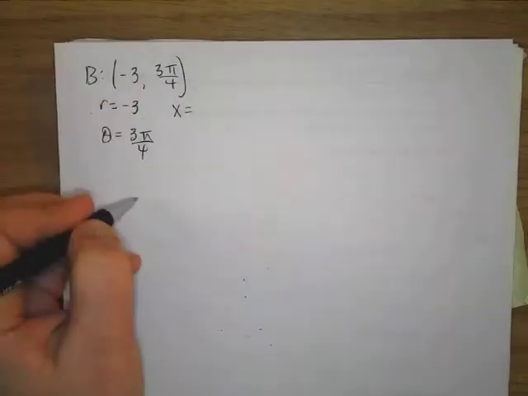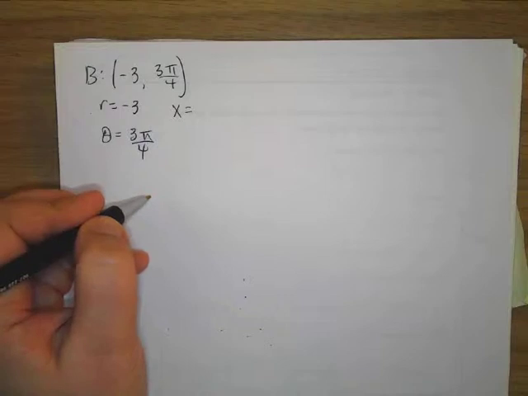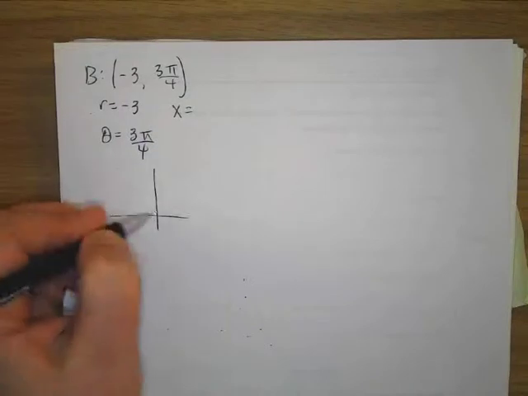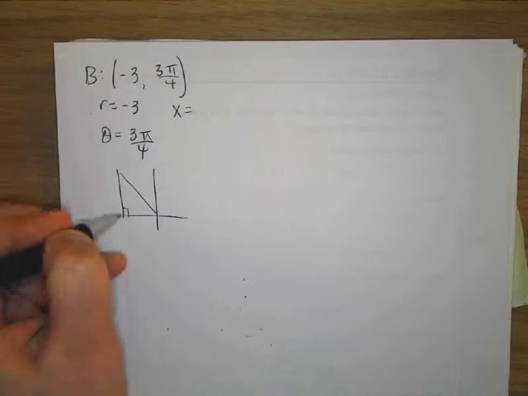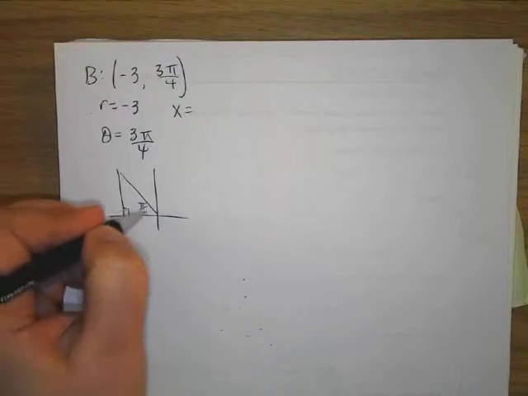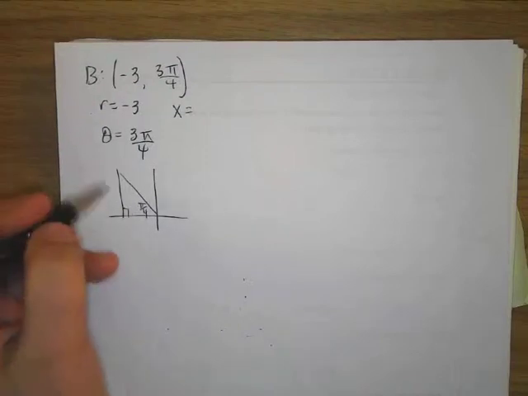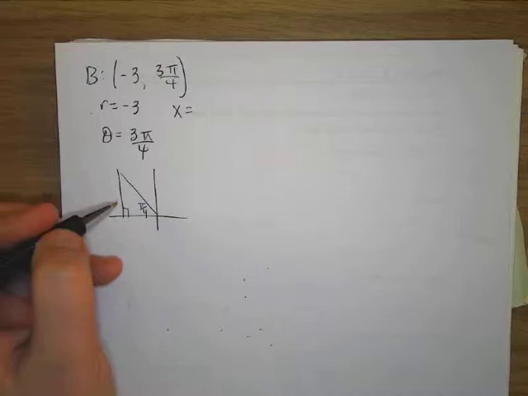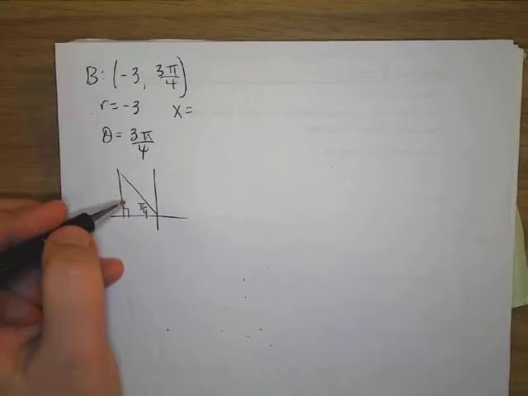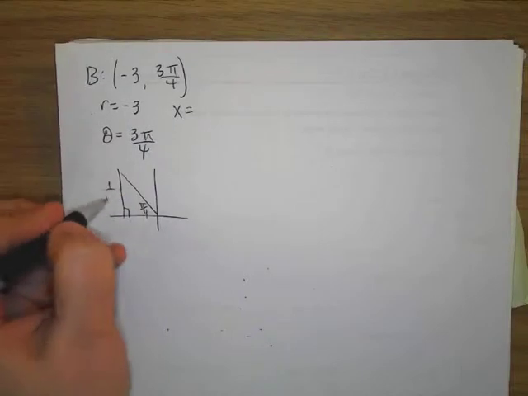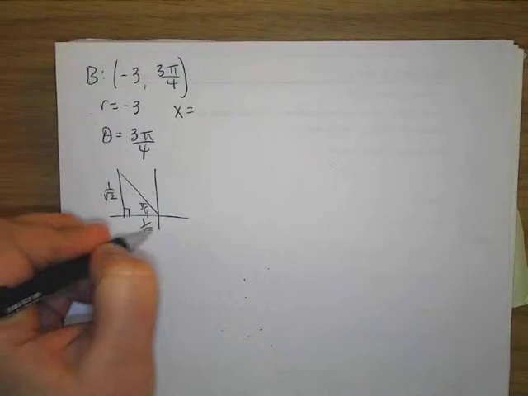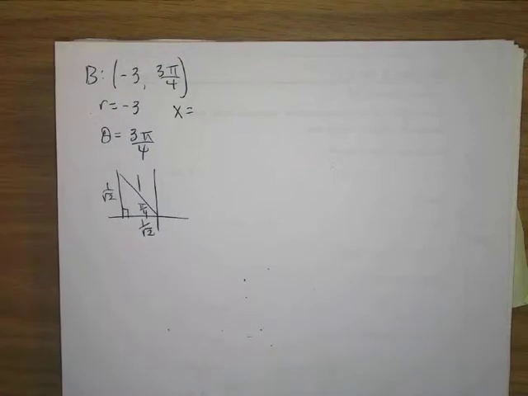We're going to draw our triangle. So 3 pi over 4 is quadrant 2. The reference angle is pi over 4. So what are our side lengths? Yep. Square root 2, ones. Good.